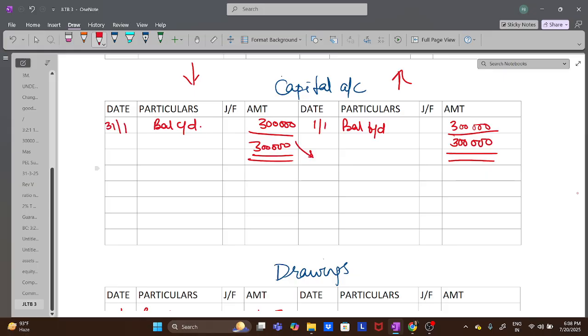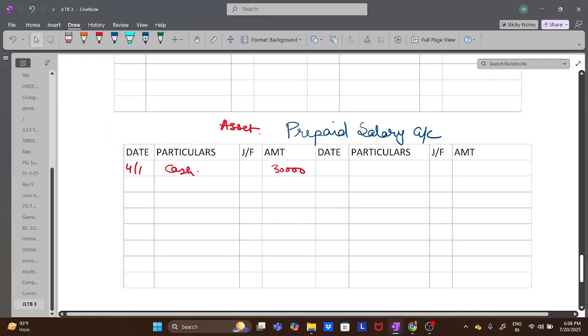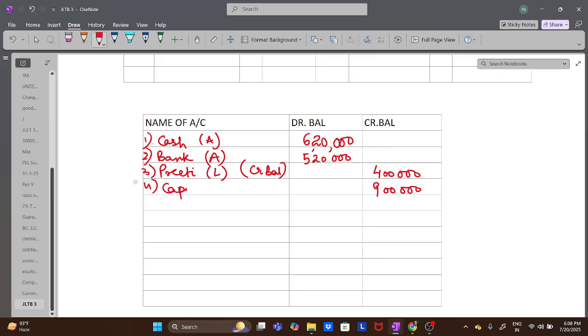Same becomes, on 1st of Feb, balance brought down. Capital has a credit balance. Now let's show this under credit balances. Fourth ledger, capital.